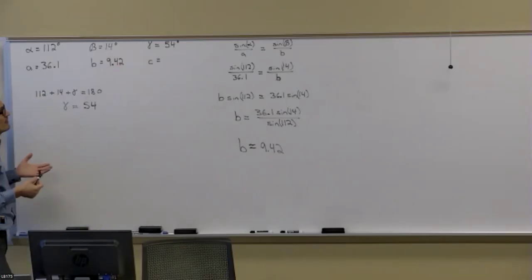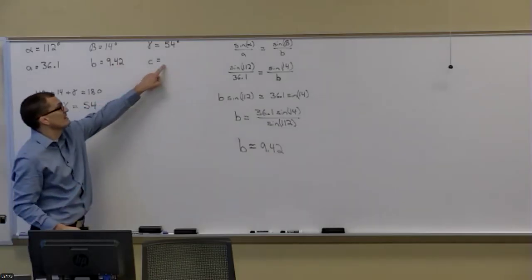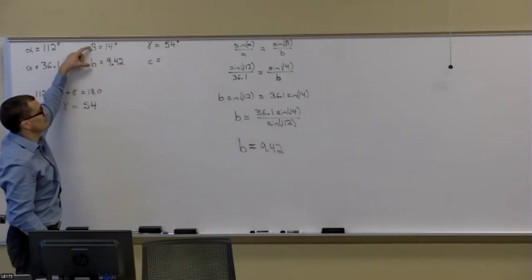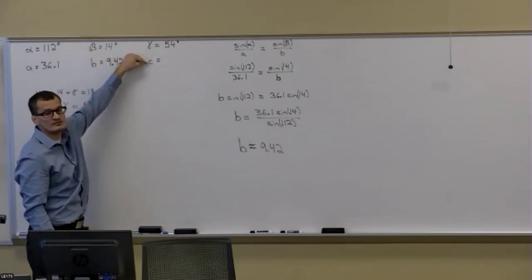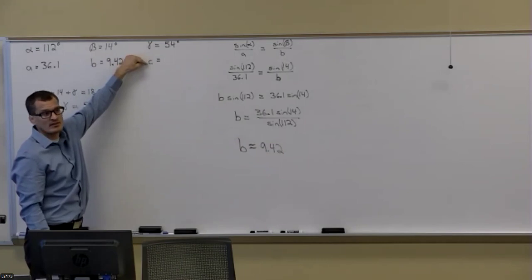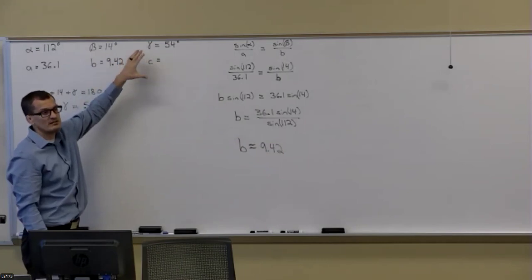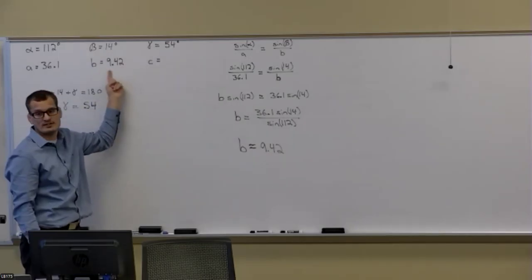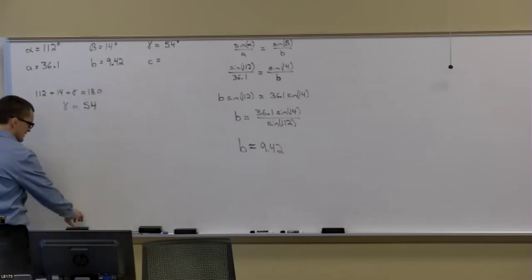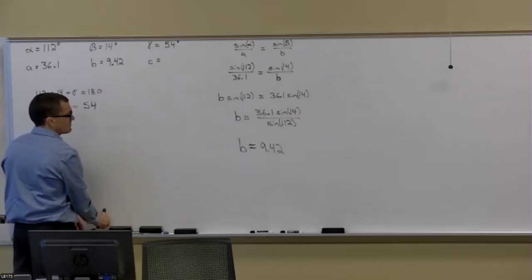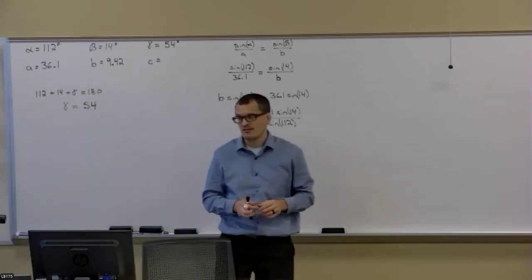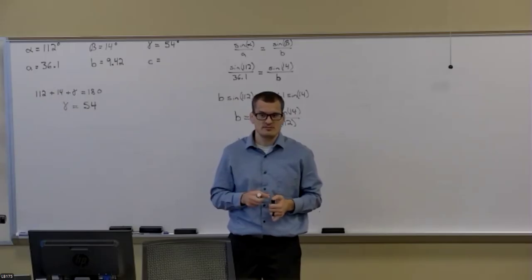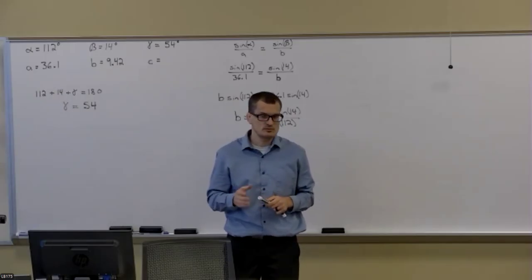Now, by the way, for finding C, technically you could use the ratio of sine beta over B is equal to sine gamma over C. But I don't like to do that because this B was a rounded number. Since B was a rounded number, it might throw off that value for C by just a little bit because 9.42 was rounded.